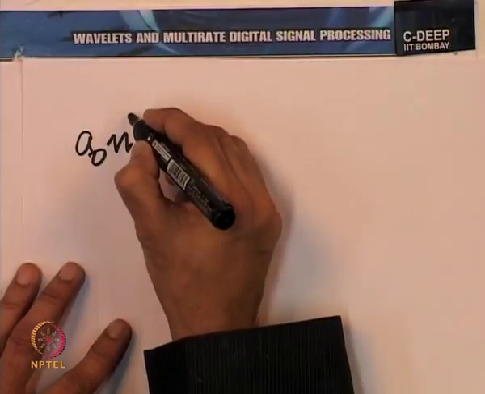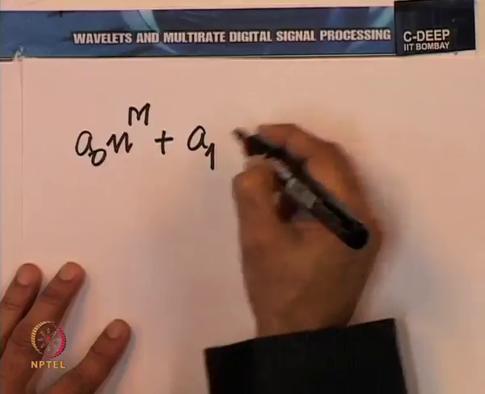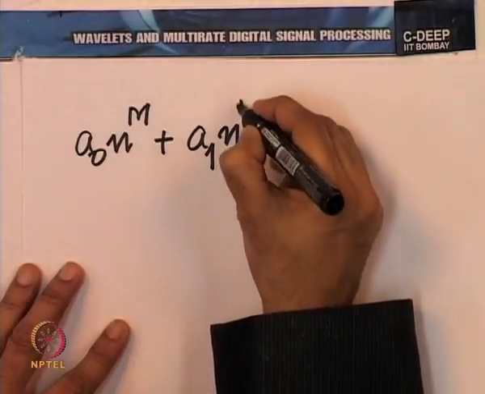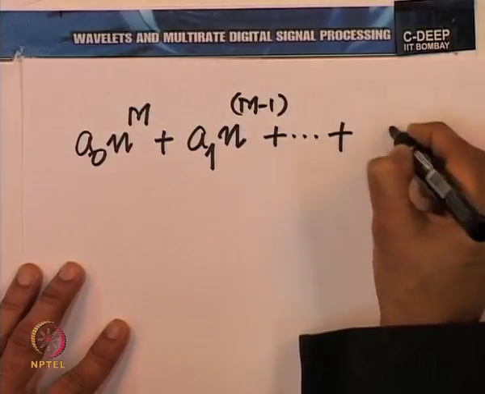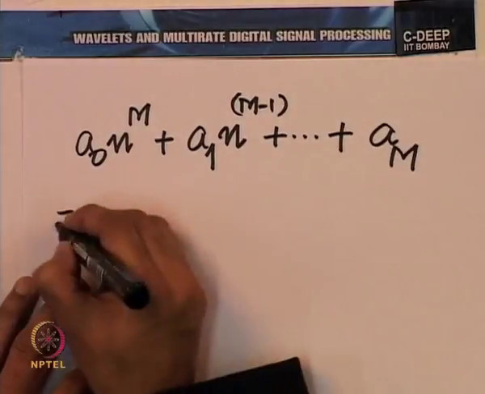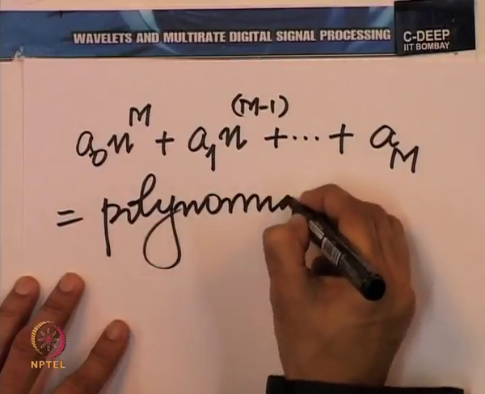So, we will show that if I feed any polynomial of the form say a 0 n to the power of capital M plus a 1 n to the power m minus 1 and so on up to a m, which is a polynomial input sequence.